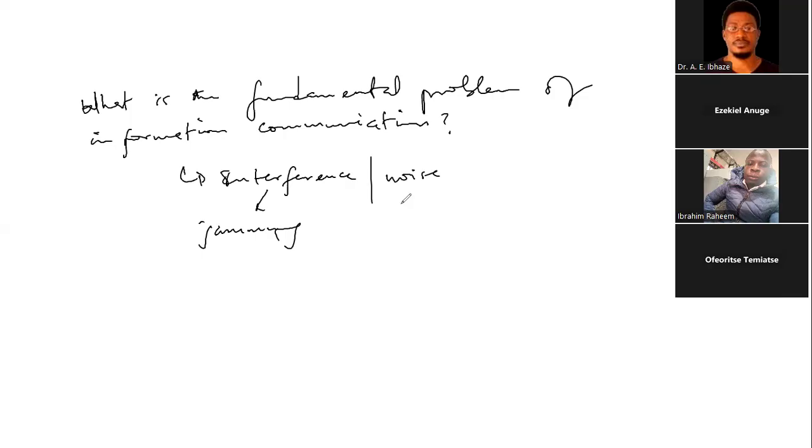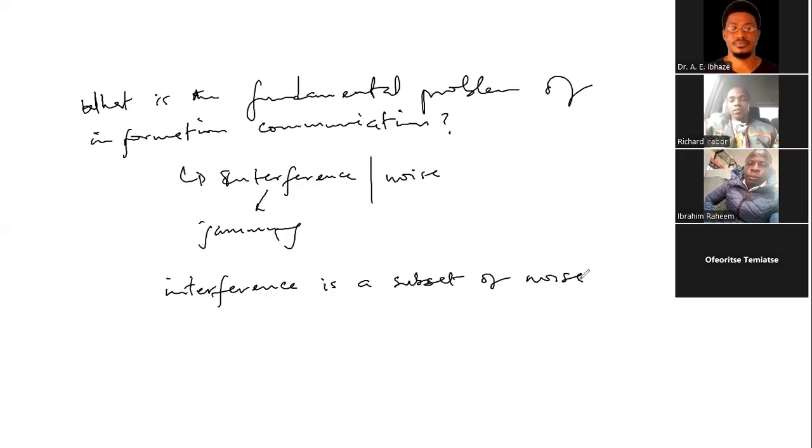Okay, I think it's the other way around, that interference is a subset of noise. Because just like you said, interference is more like jamming when two or more signals interact, right? Yes, sir.